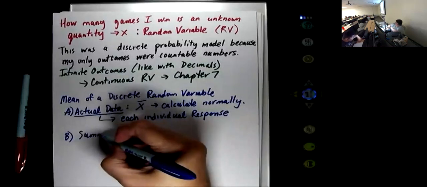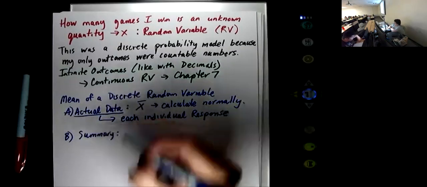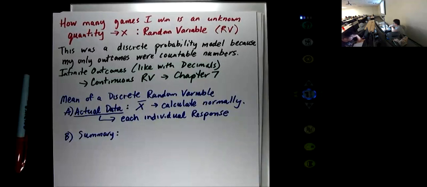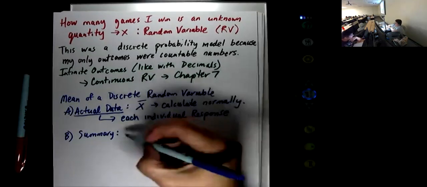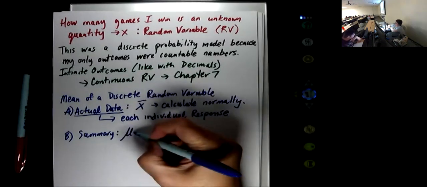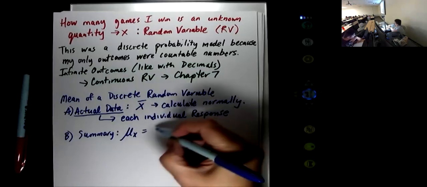If we have a summary of the data, like we added up the responses, this is where we use E of X, and that's our expected value.